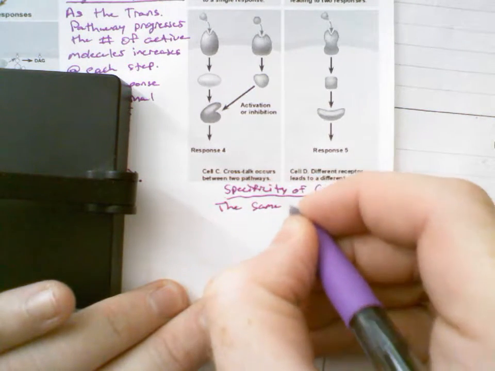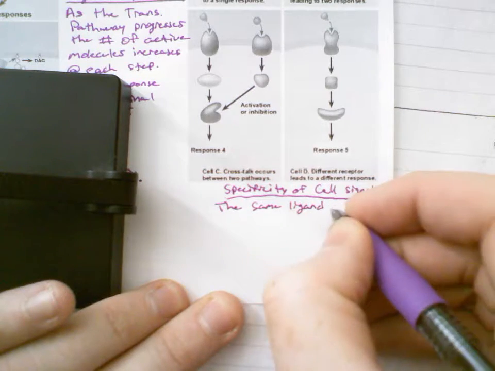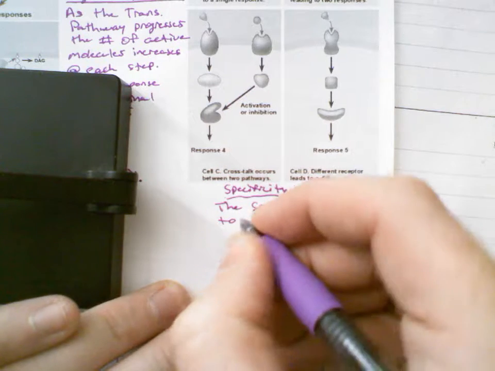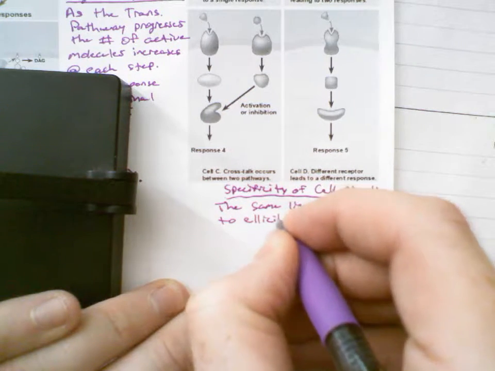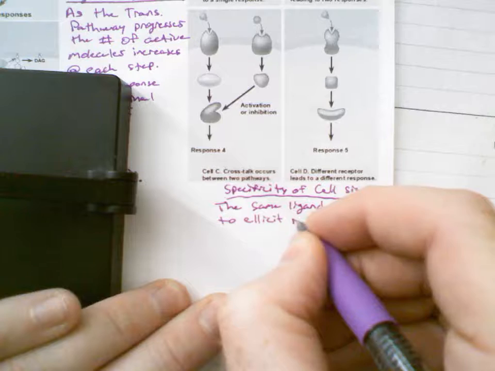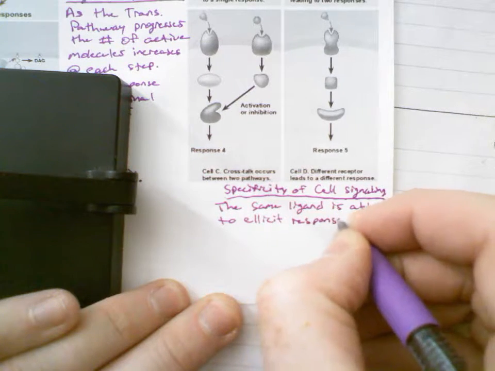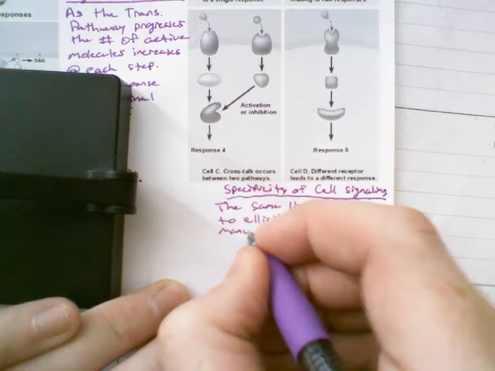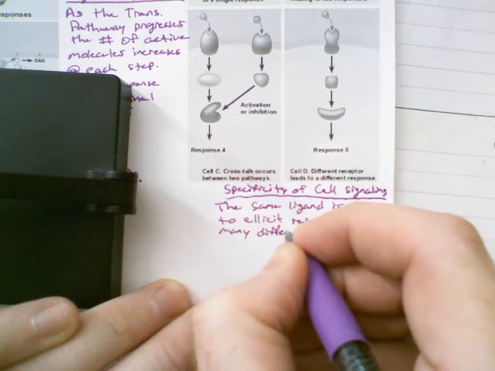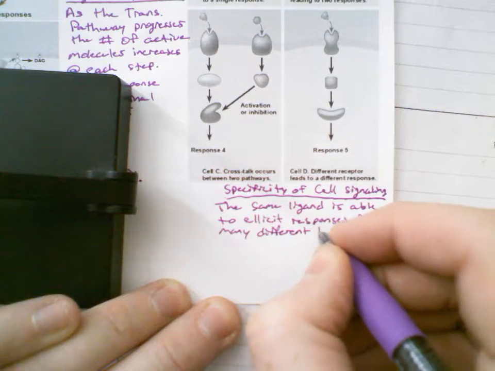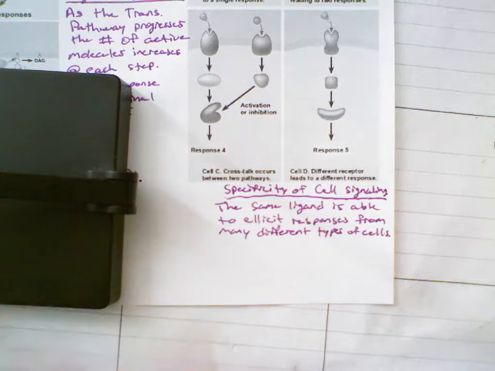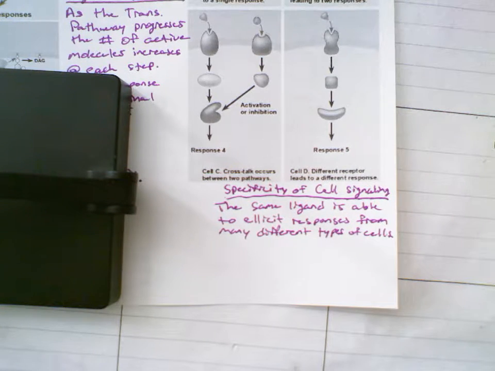So the same ligand is able to elicit or generate responses from many different types of cells. Or even within the same cell, you can get a bunch of different responses that have nothing really to do with each other.